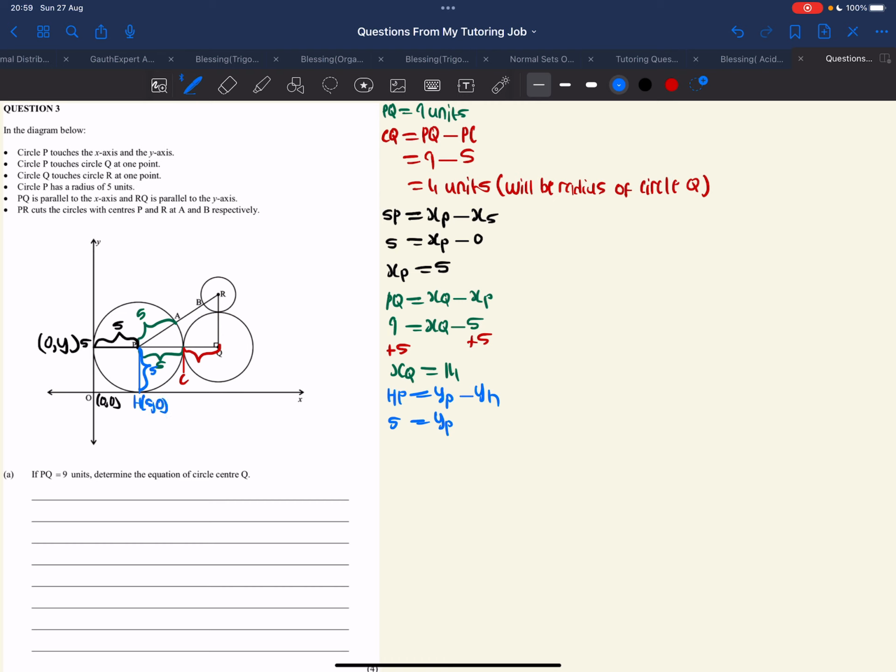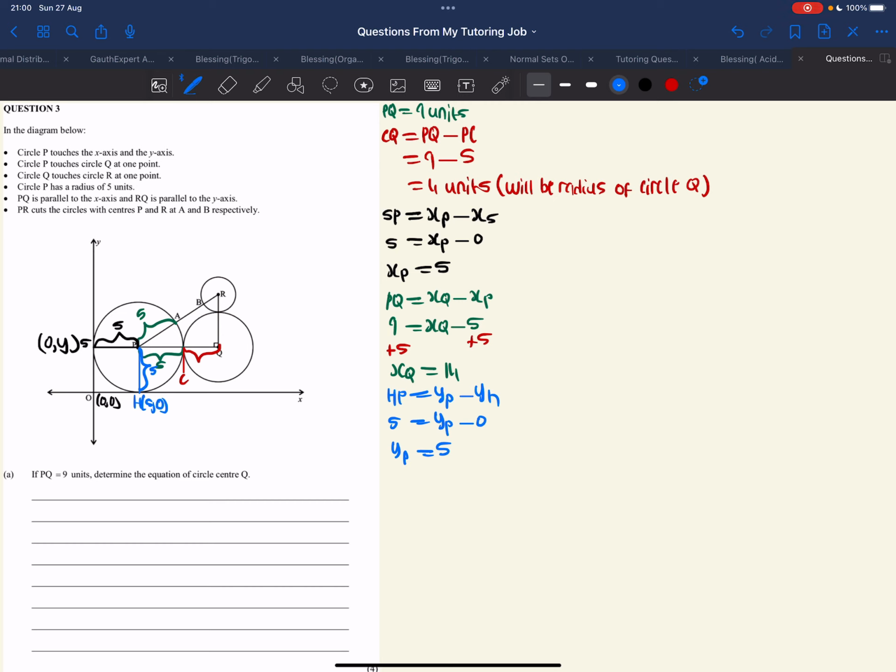Now to find HP, we're going to say YP minus YH, and remember the y coordinate of H is 0. So to find YP, it will basically be just 5. So the coordinates of P will be 5 comma 5.